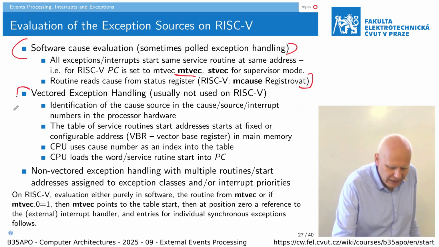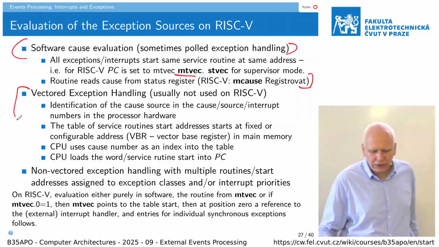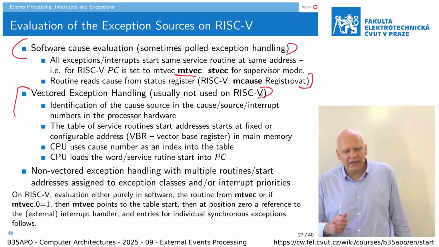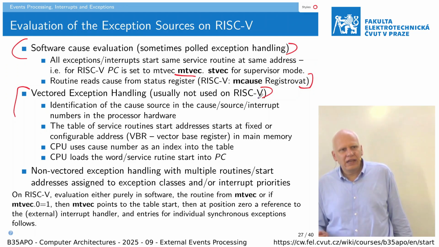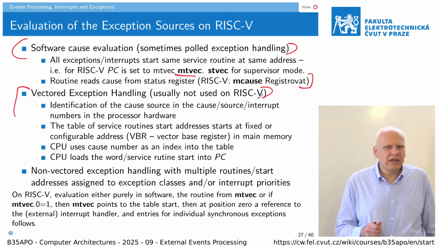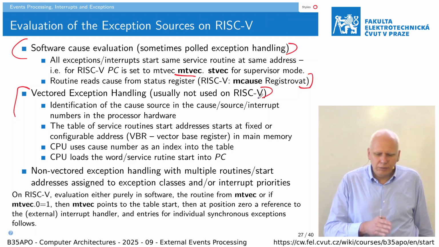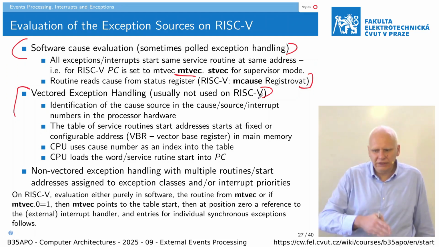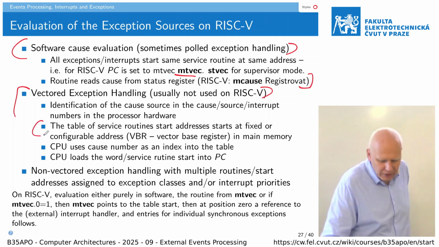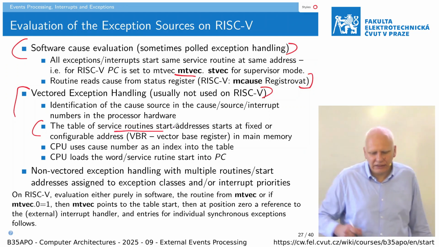Then we can have vector exception handling, which is not usually used on RISC-V, where even the external interrupt sources have a different address of the exception or interrupt handling routine defined at the hardware level. In such a case, you assign numbers to the internal and external exceptions, and there is a table which holds the service routine start addresses.